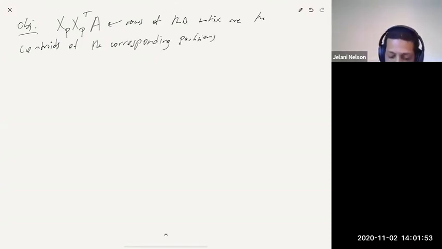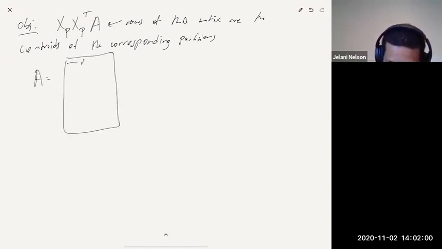What I mean is, if you look at A, A is some matrix that looks like X1, X2, all the points that you're trying to cluster.